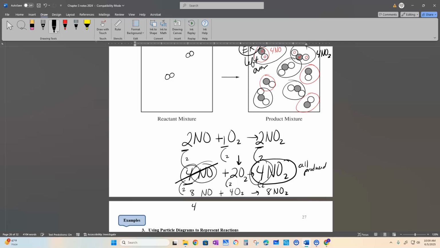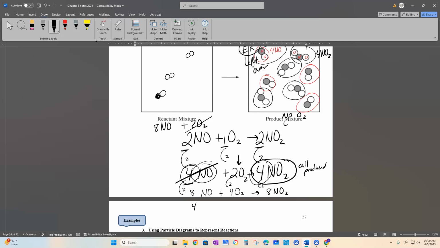So in my reactant side, I would be drawing, coloring them in, a nitrogen with an oxygen, but 8 of them, because 8 NOs plus 2 O2s. All of my O2 got used up, and how do I know? Because there's no O2s in my product mixture.